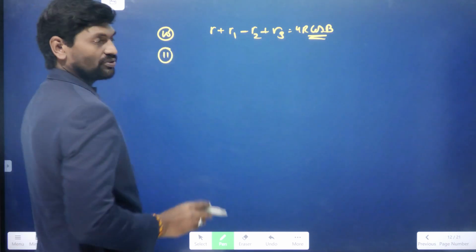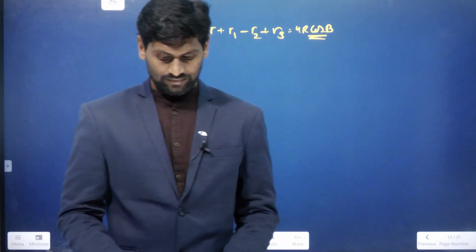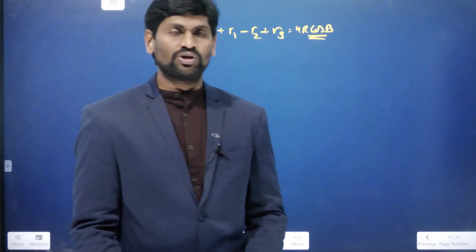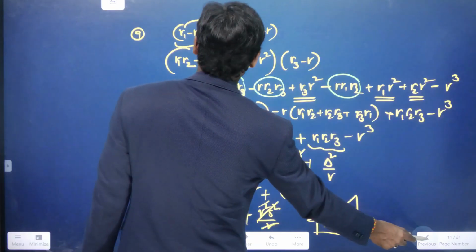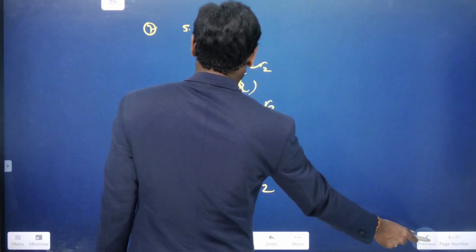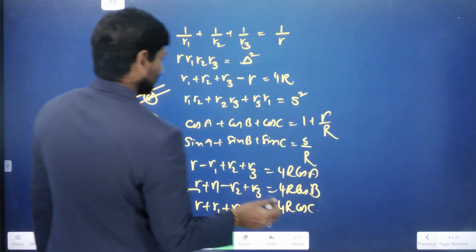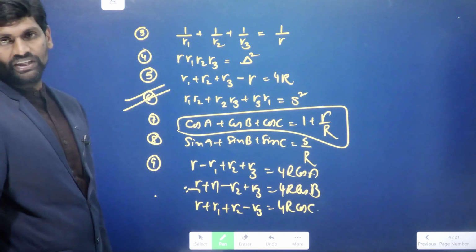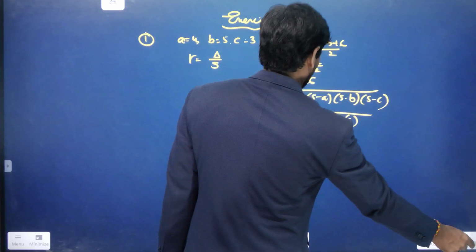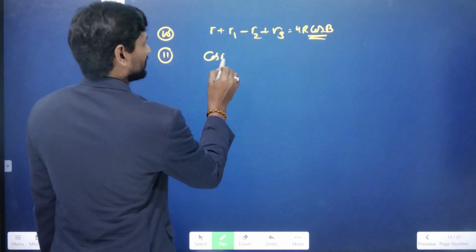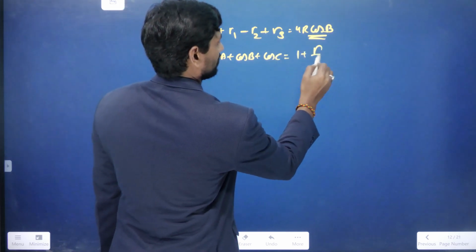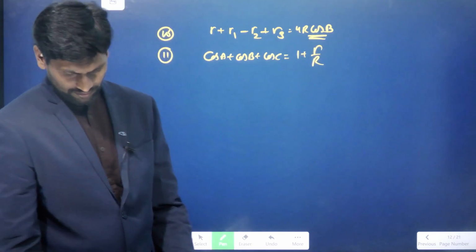So next question, 11th question, that is, in triangle ABC, cos A plus cos B plus cos C. That also we discussed already. What is the formula? Cos A plus cos B plus cos C is equal to 1 plus small r by capital R. Okay?